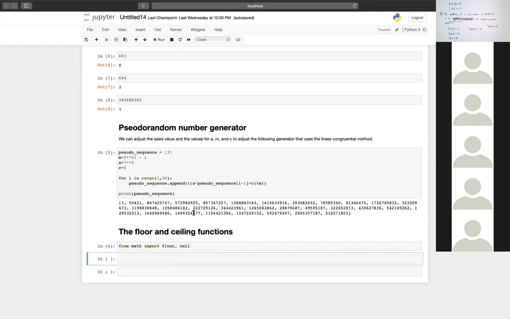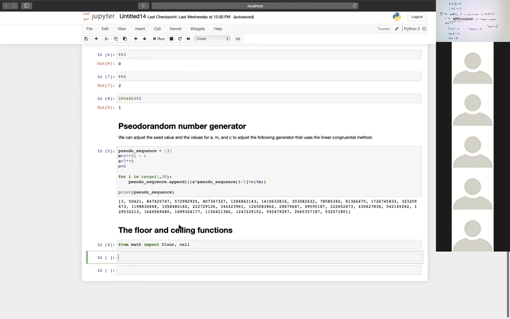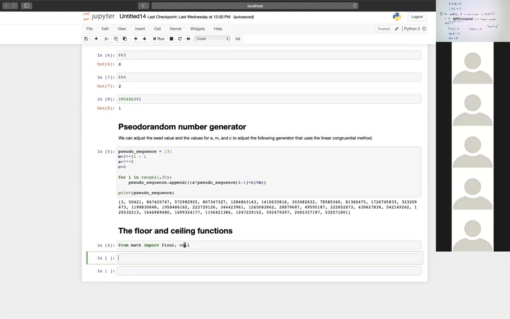In Python, which is what I'm using here, the floor and the ceiling functions are contained in a library called math, which contains some common mathematical functions like trig functions, these two, and some other common things like exponentials.